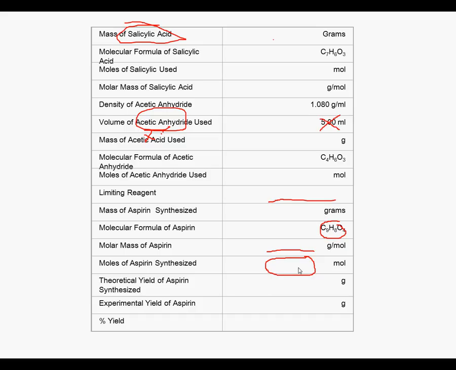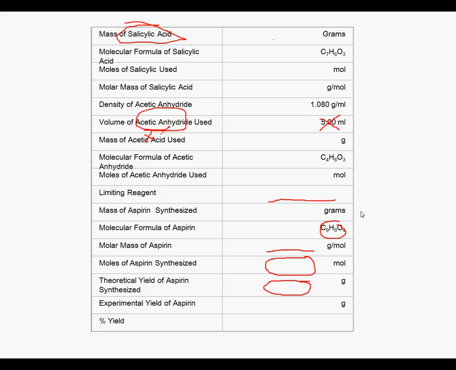Well, there is what we call the theoretical yield, what you should have gotten, and what you actually got. Based on the limiting reagent, you figured out what your theoretical yield of aspirin should be. So you take the mass of your aspirin that you synthesized divided by the theoretical yield.